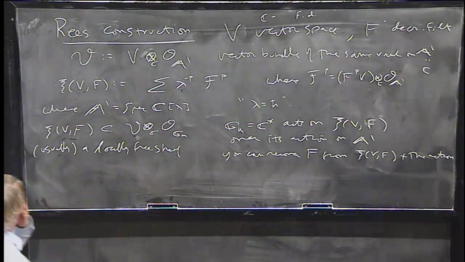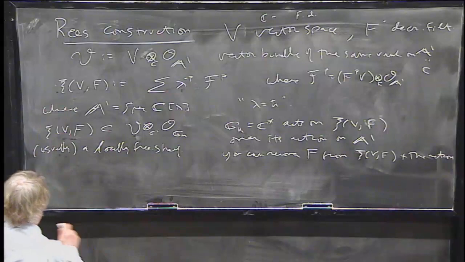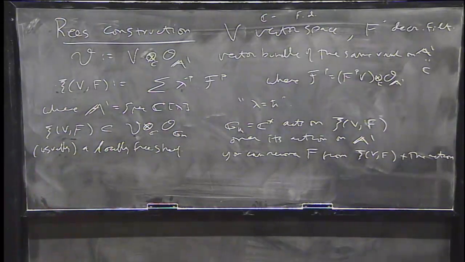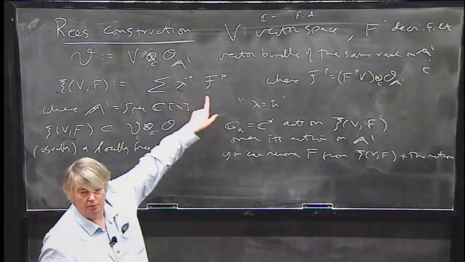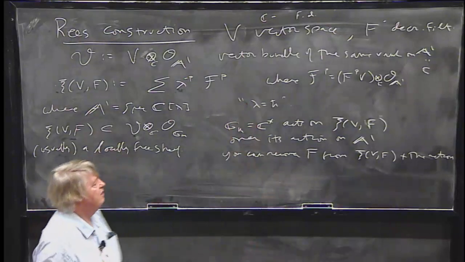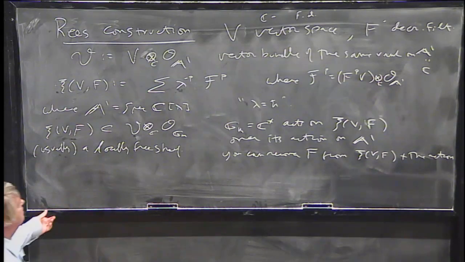So if you think about the frame, if you choose a frame compatible with the filtration, then you get a frame for this bundle just by taking lambda to the appropriate power times the frame of that piece of the filtration. And then that piece of the filtration is given by all the functions that have that order of growth as you go to the origin.